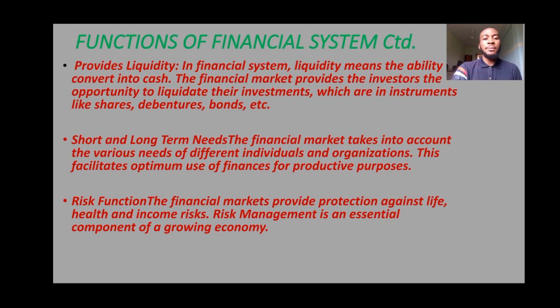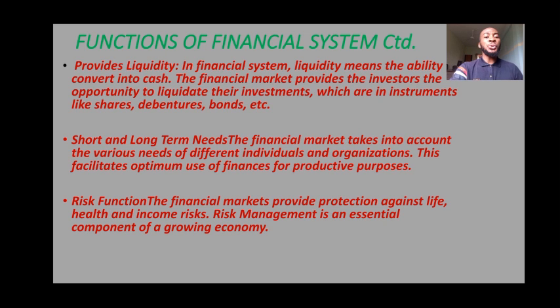Now, let me tell you, the financial systems and financial markets make use of these instruments to lend money. For instance, a business owner may want to get a loan or get money from a financial market. The person has to sign a debenture. A debenture is an instrument.